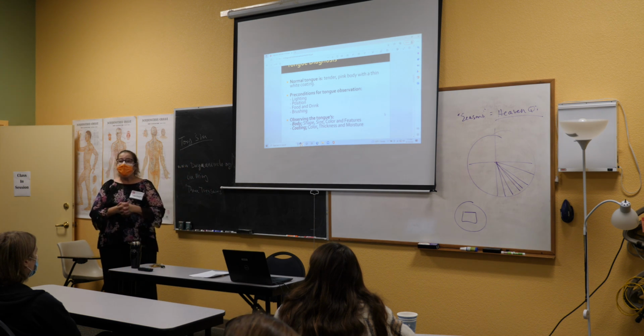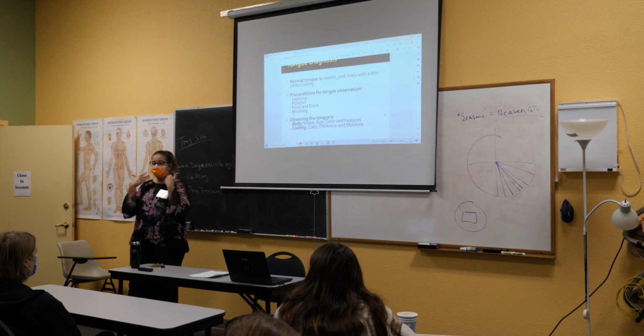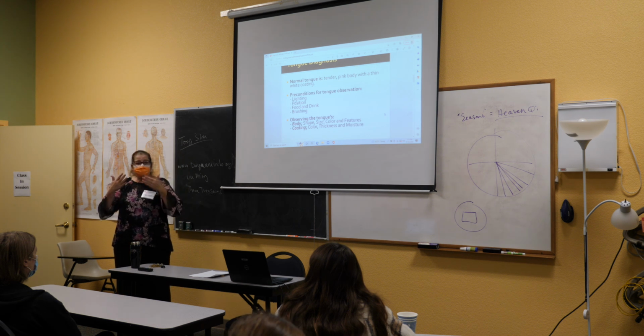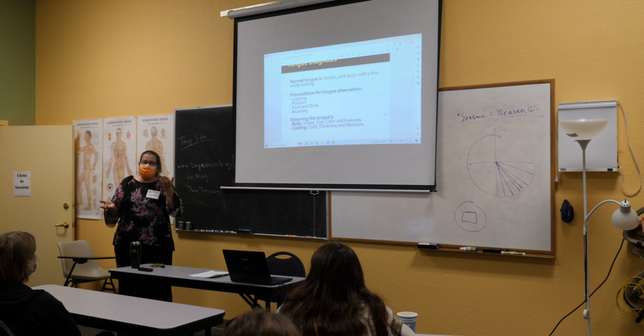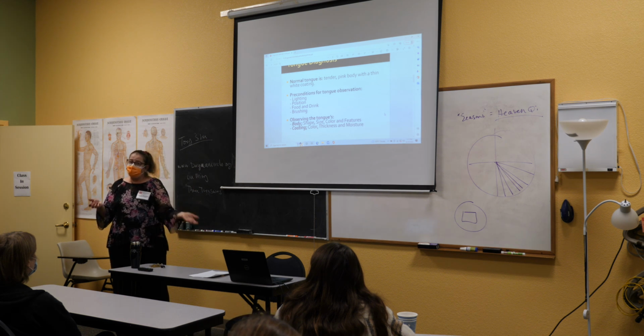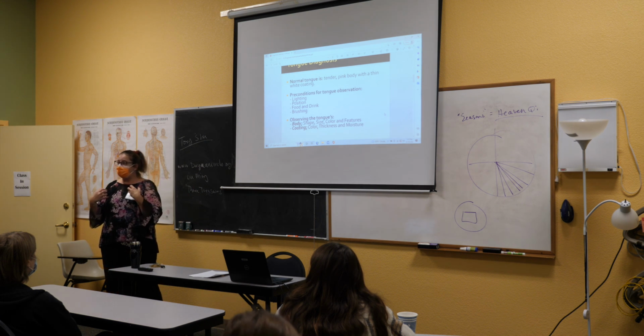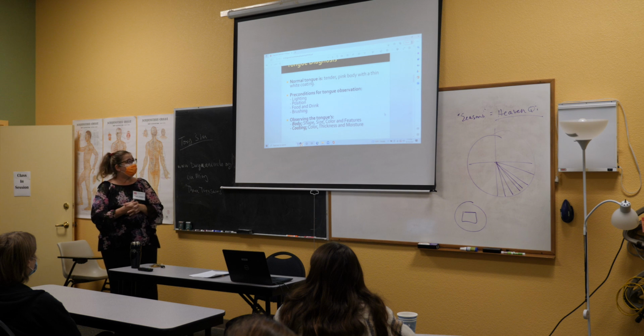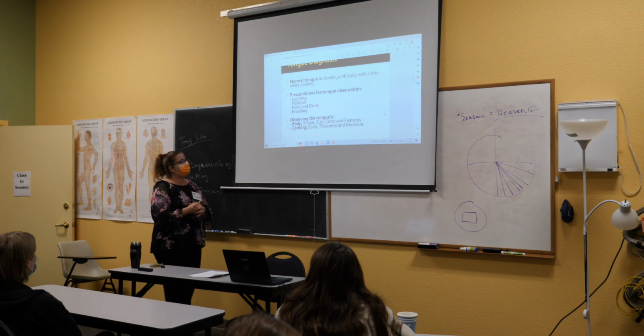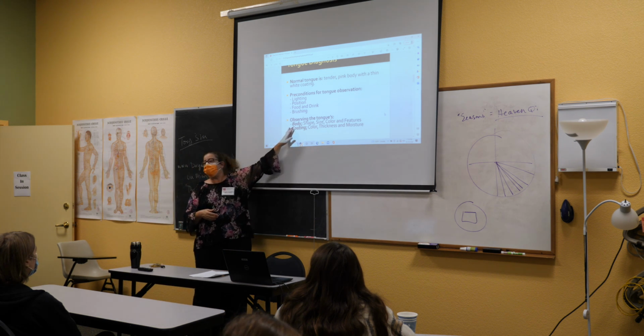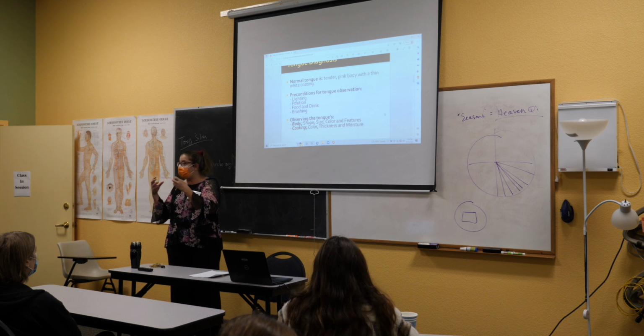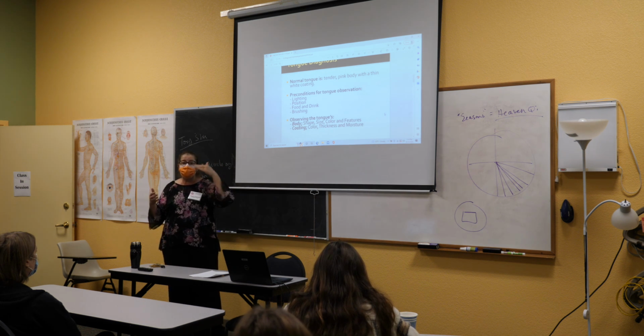If a person has dark skin, you need to look carefully, because somebody may look pale, but it's not really pale, they just have darker skin, so you need to take that into consideration.